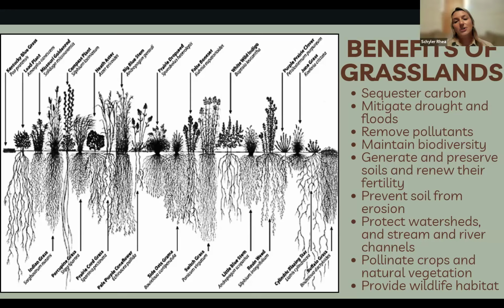And they protect watersheds and streams and rivers. They do this because they're able to filter out the pollutants before they go into downstream areas. So they actually help with the water quality. And then they also help with pollinating crops. They're very effective for helping feed pollinators, but those pollinators are also essential for our food.